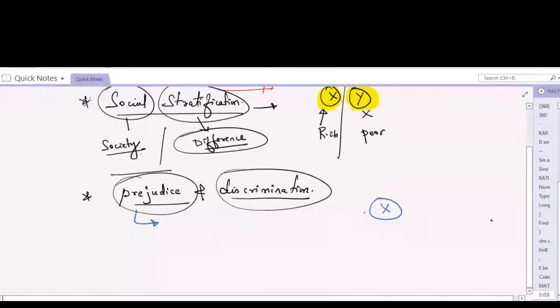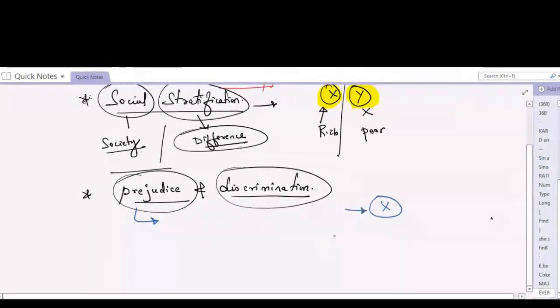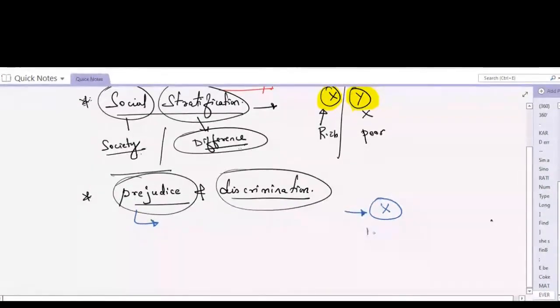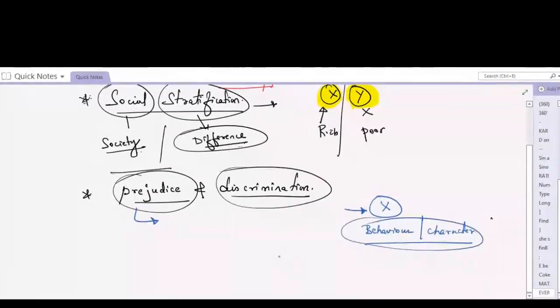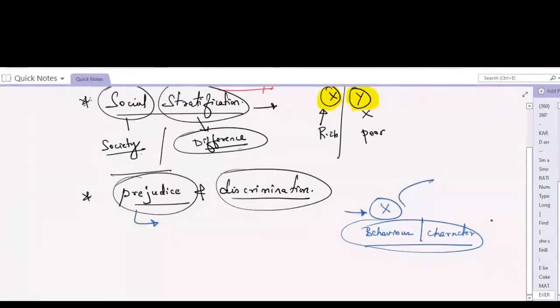Now he has certain behavior, or let it be a character. Maybe he is good or bad. You don't know who he is, how he was. You don't know anything about this X. But without knowing about him, you are telling about that fellow.